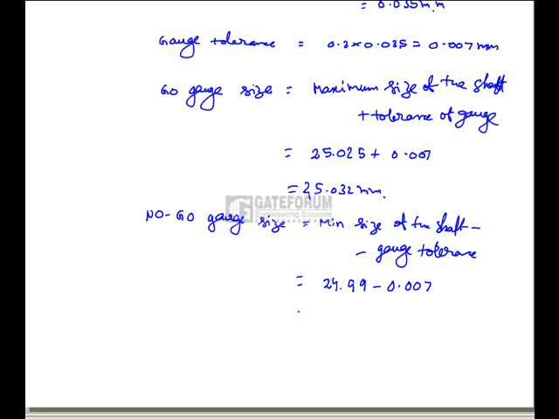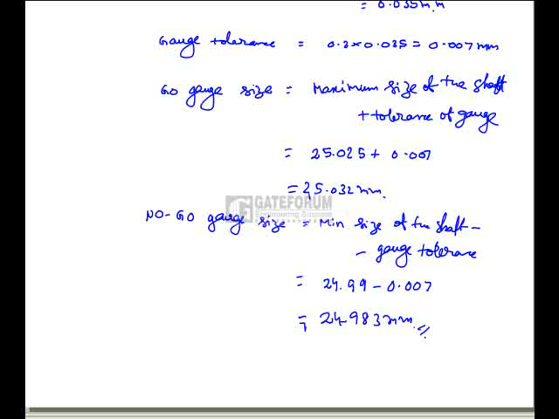So here it is equal to 24.983 mm. So here no go gauge size is 24.983 and go gauge size is 25.032 mm.